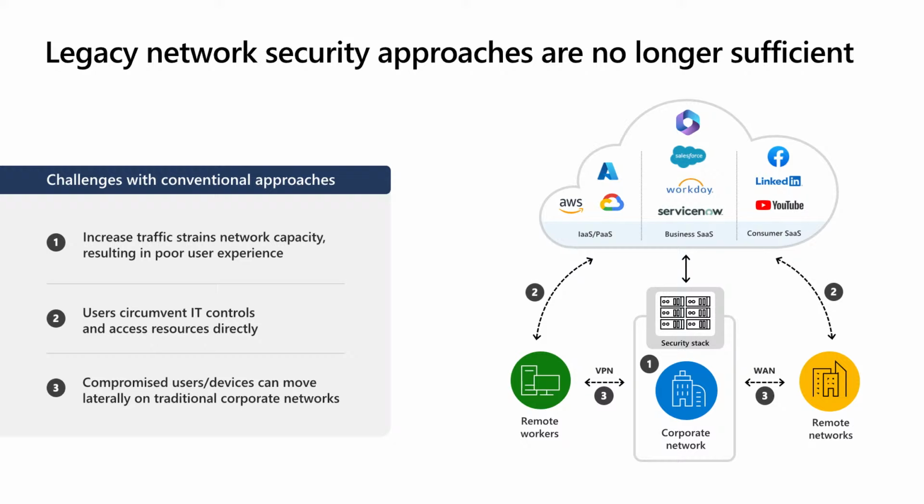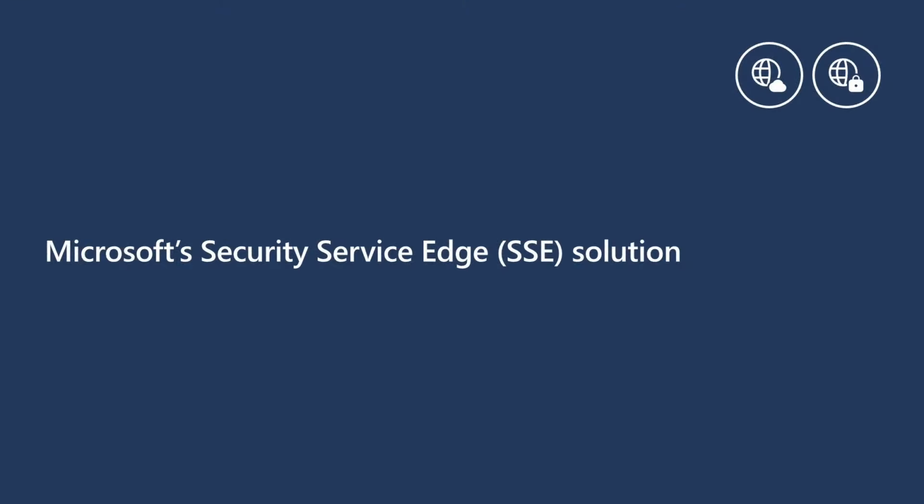Even if you solve for modernized access, you are still dealing with siloed solutions and end up managing your policies across multiple tools, spanning identity and network controls, exposing integration gaps that skilled attackers can exploit. Microsoft's SSE solution, which includes Microsoft Entra Internet Access and Private Access, provides a unified approach across identity and network security that transforms the ways you secure access.